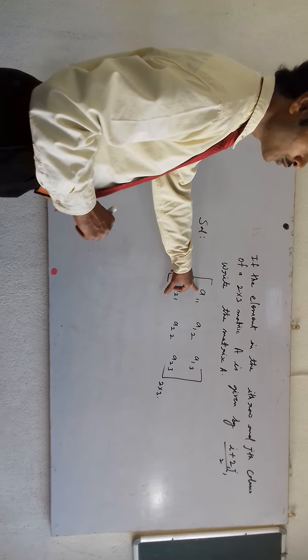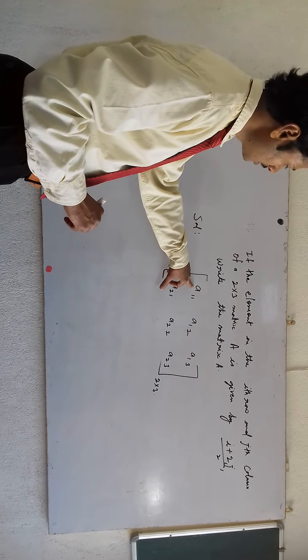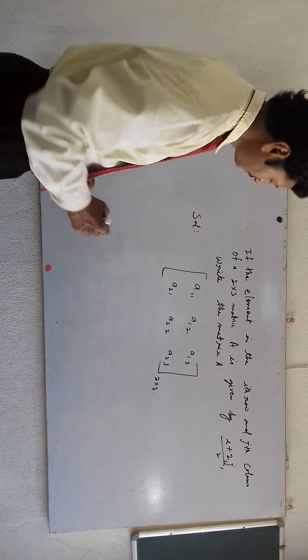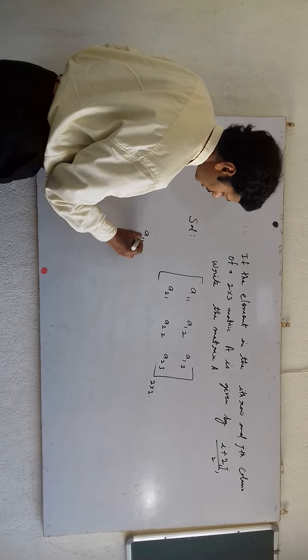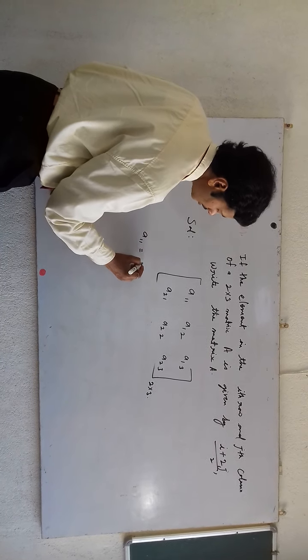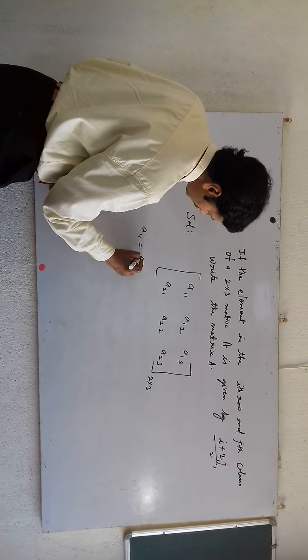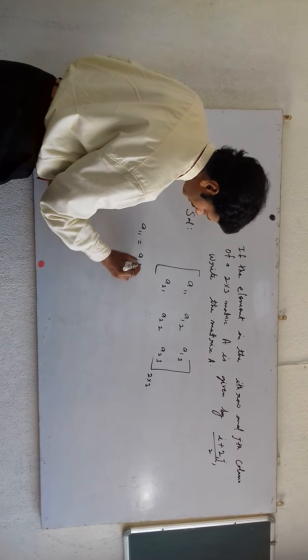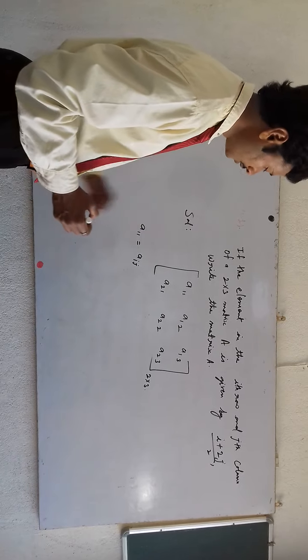Now what will be the number in the place of a11? It is of the form aij.